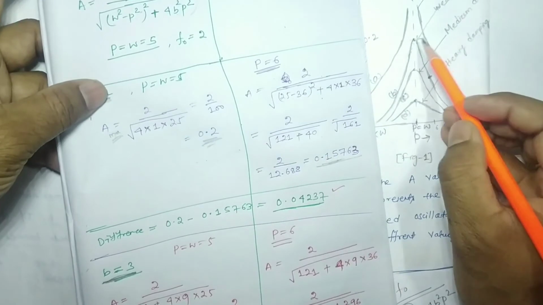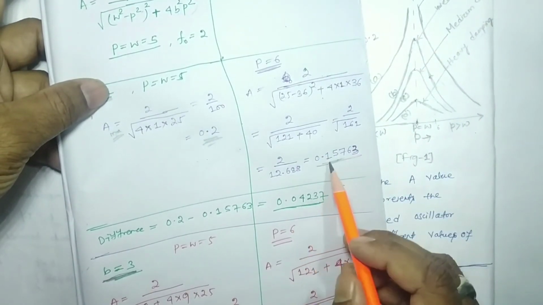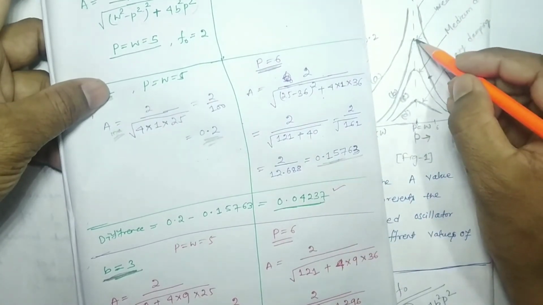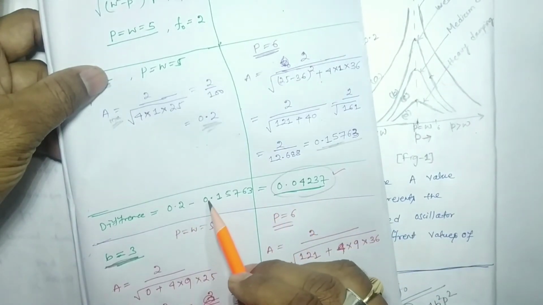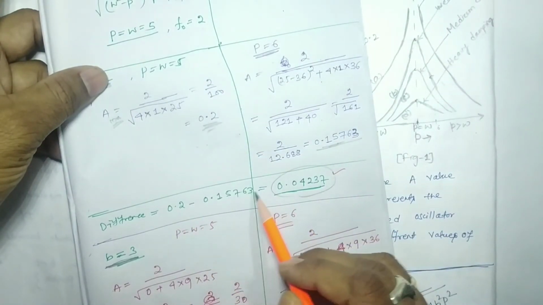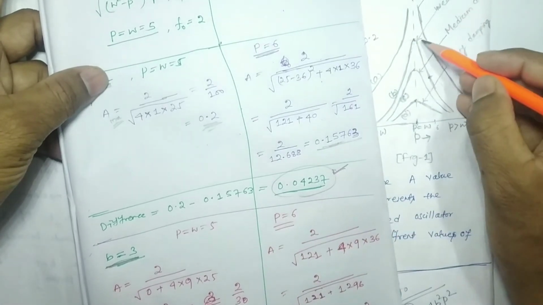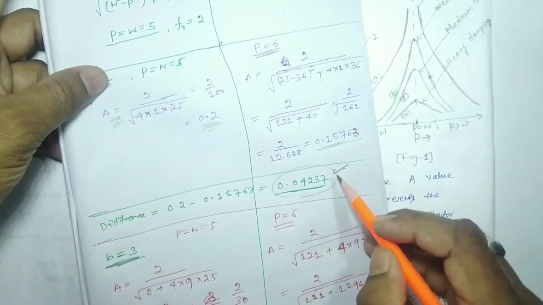It was 0.2 and decreased to 0.1573. So what is the difference between this and this? This will be 0.2 minus 0.1573, equal to 0.04237. So from the maximum to here, the decrease is this one.